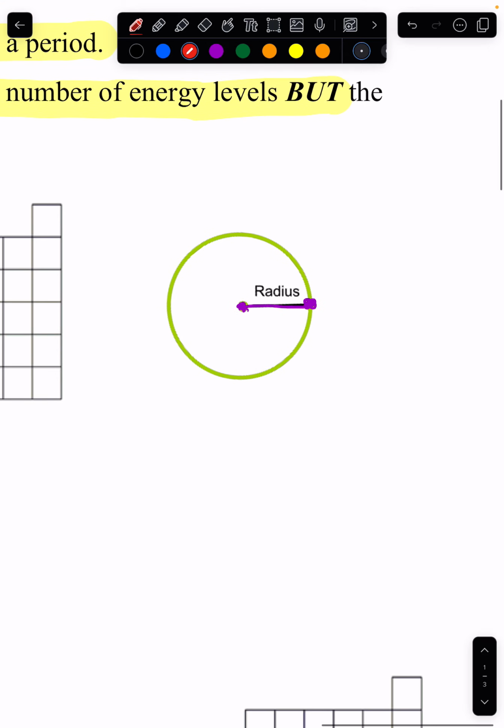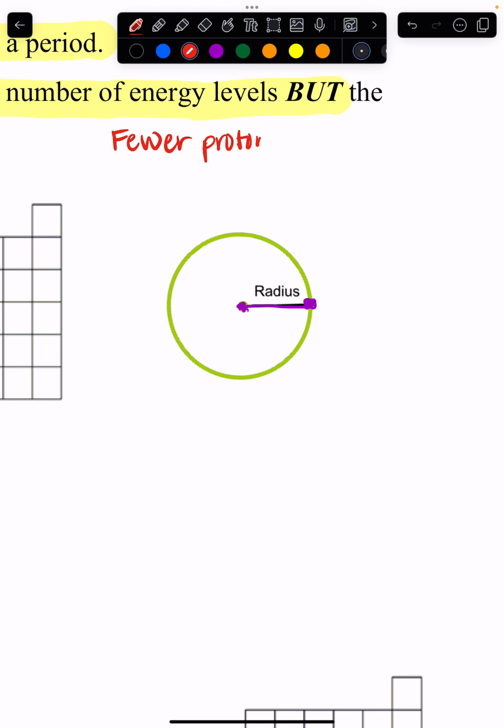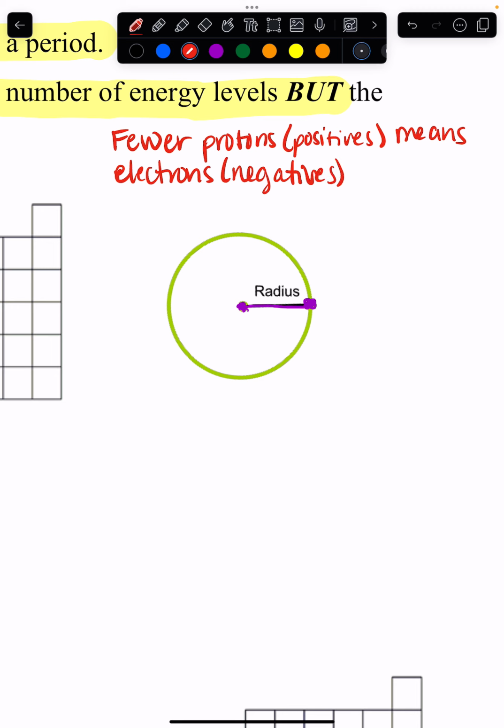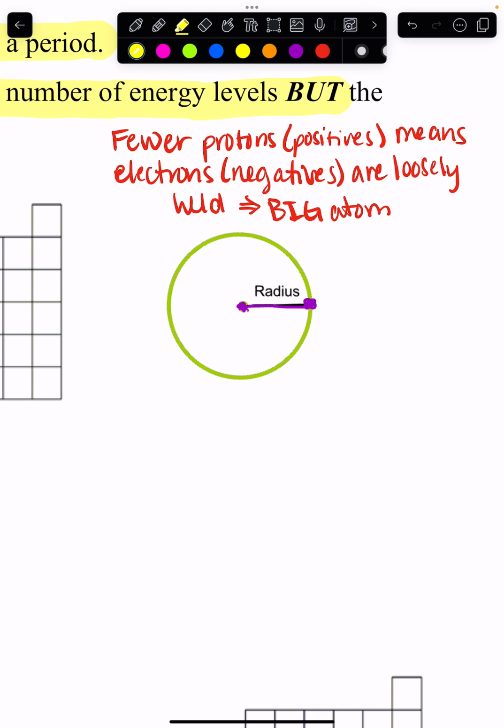Okay, I also want to make a little note over here that if I have fewer protons, which are your positives, it means my electrons, which are negatives, are loosely held. This gives us a big atom. So fewer protons is a big atom.